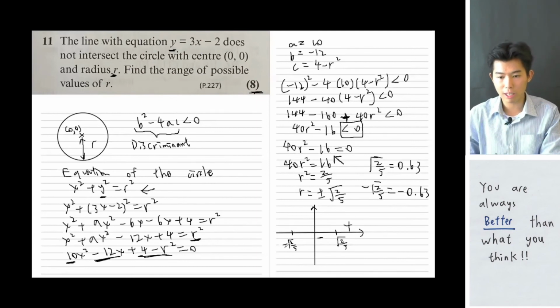And same here, if I put any number that is smaller than minus 0.63, let's say negative 10, negative 10 squared would be 100, 100 times 40 would be 4,000, and minus 16 would be 3,000 something. So it would definitely be positive as well. So the curve should look something like this: positive, positive, and negative.